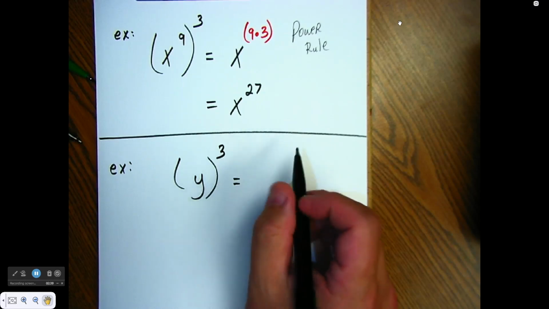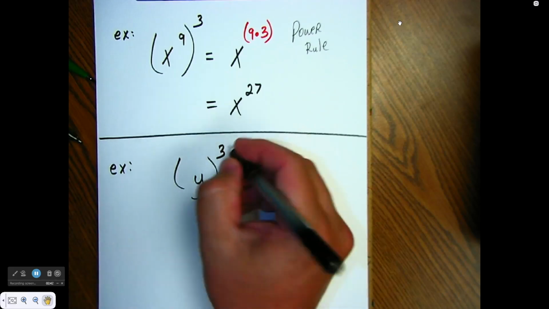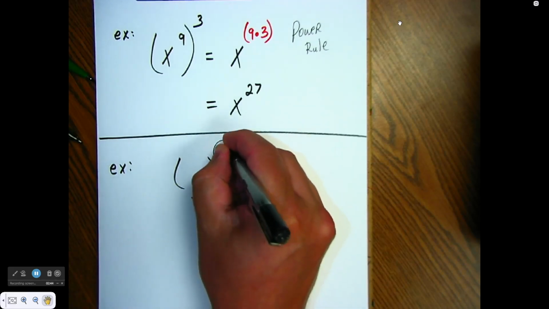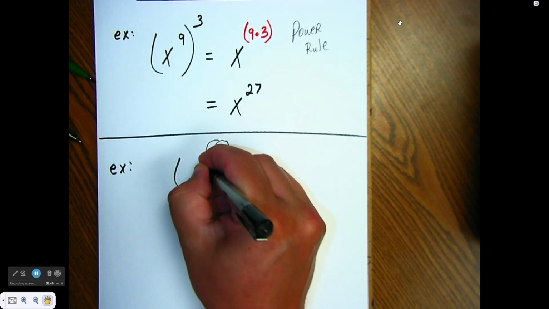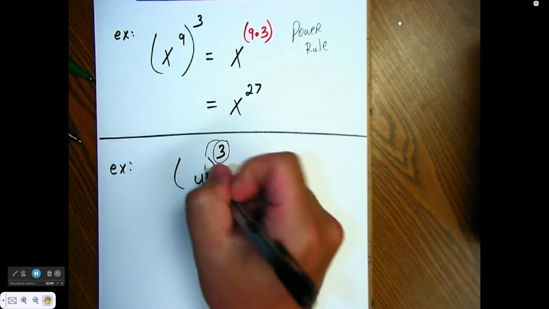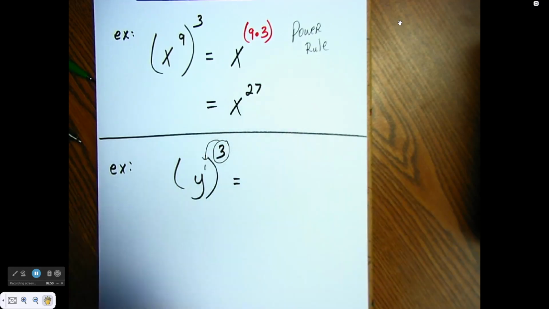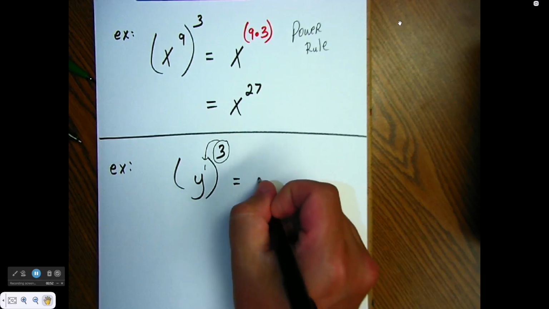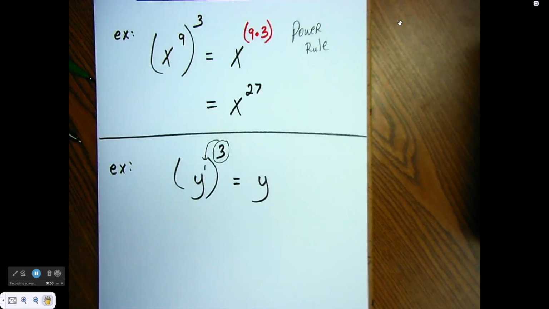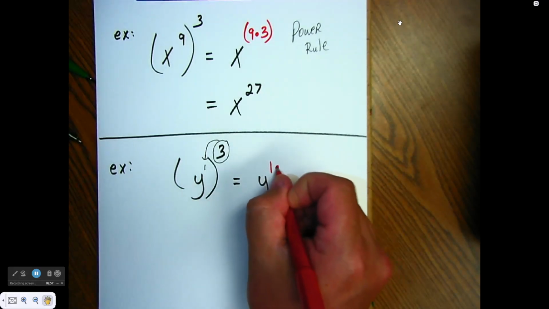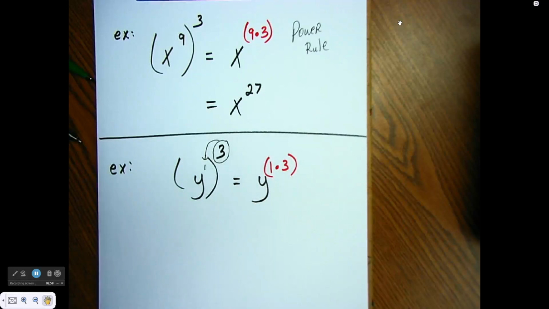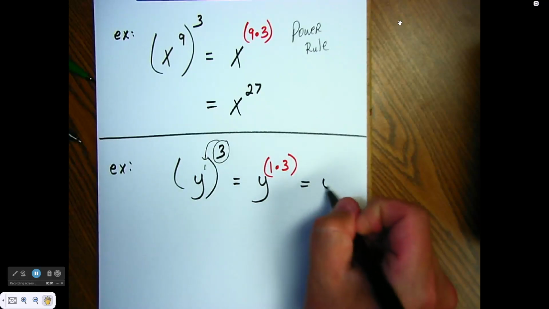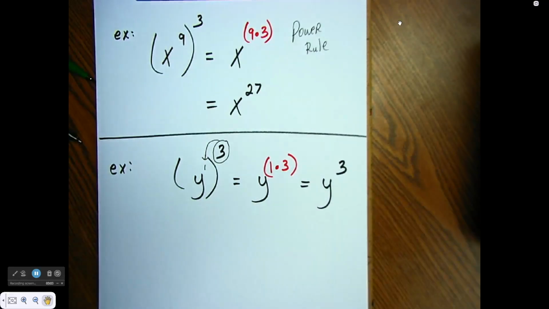The power rule says that this outer exponent will multiply times that understood 1, giving me y to the 1 times 3, which is simply y to the 3rd power.